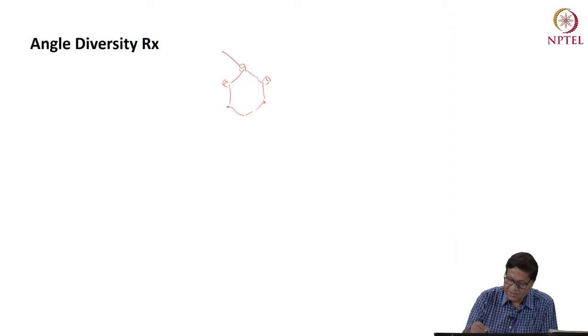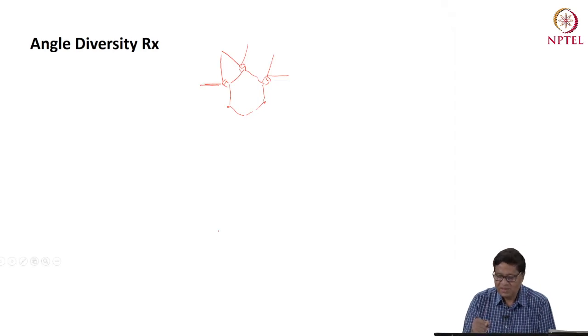And this receiver collects light, say, from this cone. It is designed in such a way that there is no area which is left out. Any receiver can get light from any direction. So these are the receivers which are at different angles.